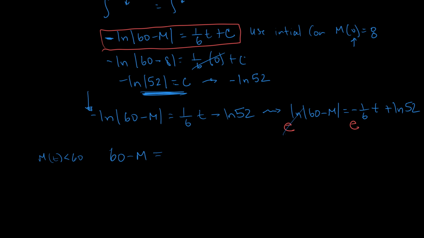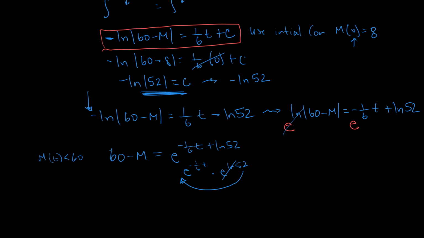So this ends up being 60 minus m equals e to the negative 1/6 t plus ln of 52. Now this can be broken apart into e to the negative 1/6 t times e to the ln 52. So that reduces out, and I'll just have the 52 right out in front.